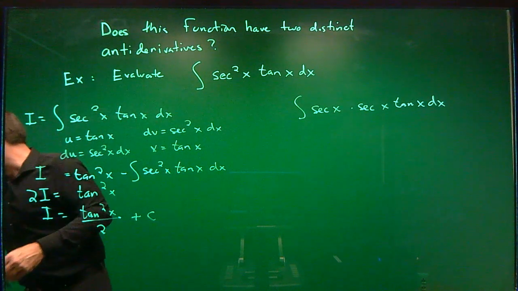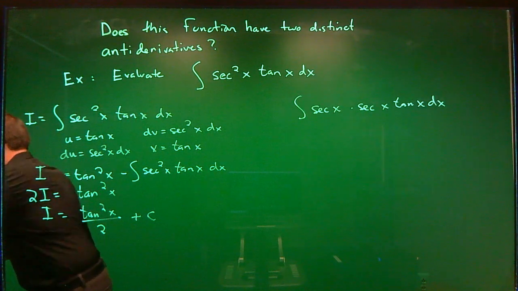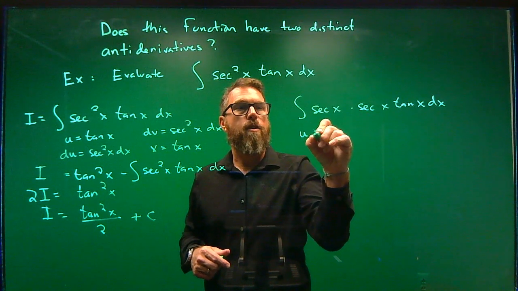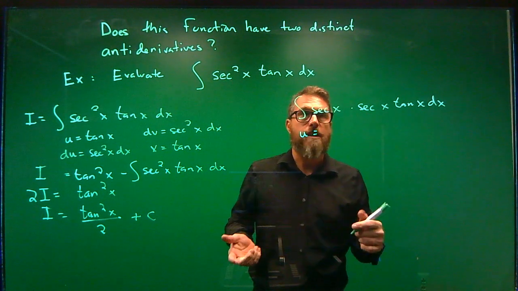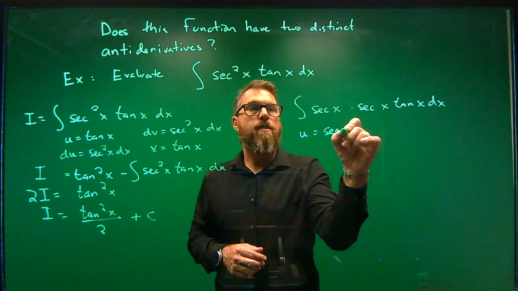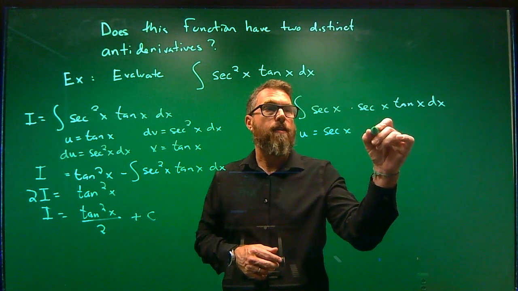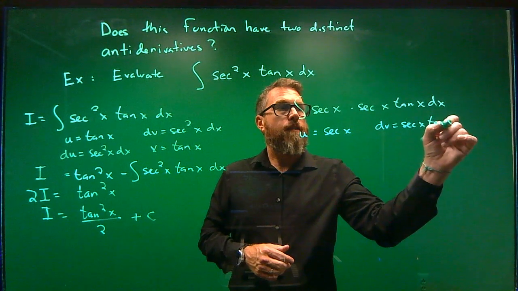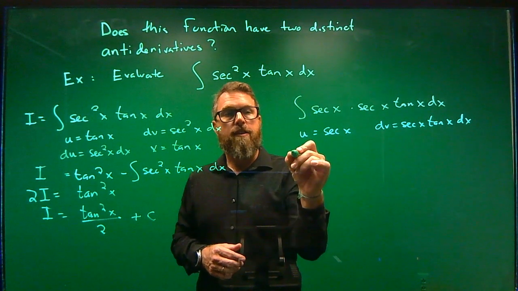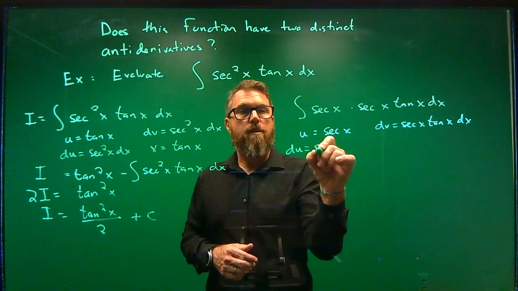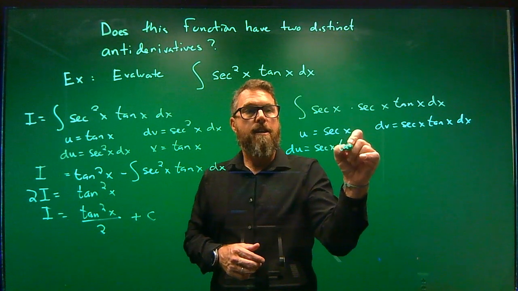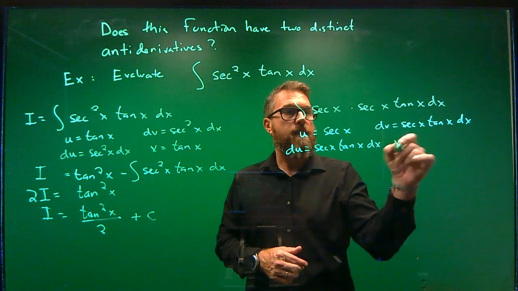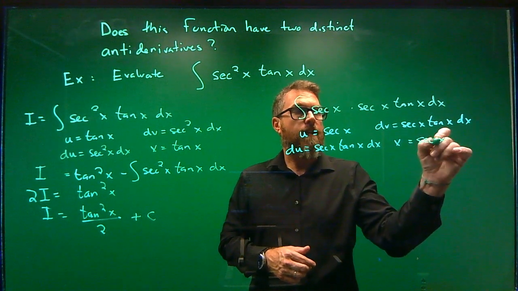All right, so let's see what we have for the other one. What if I integrate this one by parts, and let's say u, again we need something that's differentiable. I know the derivative of the secant of x, and I know the antiderivative of the secant tangent of x, so dv is going to be equal to the secant of x tangent of x dx. So the derivative of the secant, du, is going to be equal to the secant of x tangent of x dx, and the antiderivative of the secant tangent is going to be equal to the secant of x.